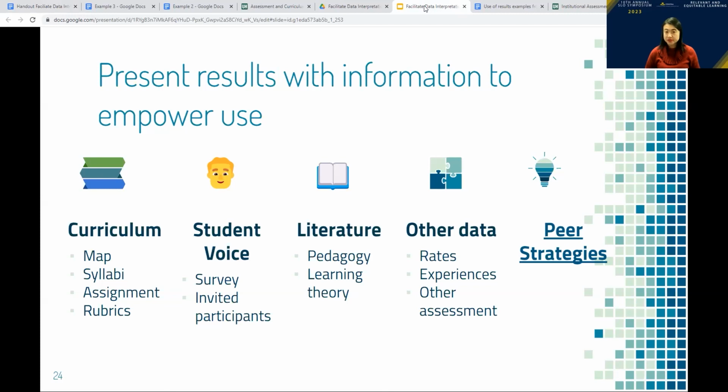Again, first solution, presenting results with contextualized information to empower users. Present information for them to help understand what leads to the results. What can they do? Here, I didn't talk about peer strategies, but I provided a link in the PowerPoint.